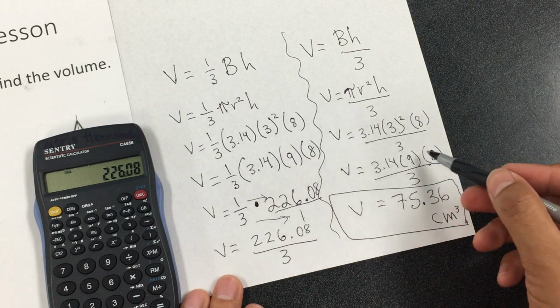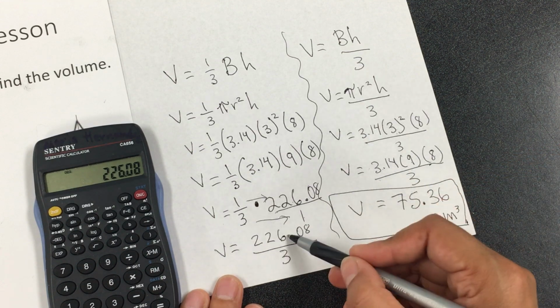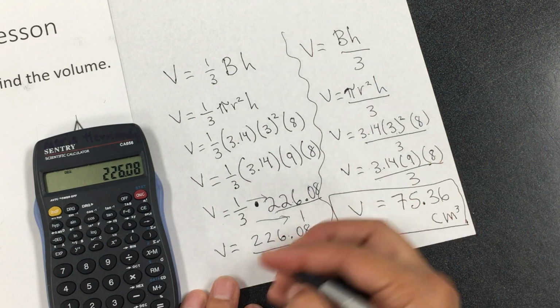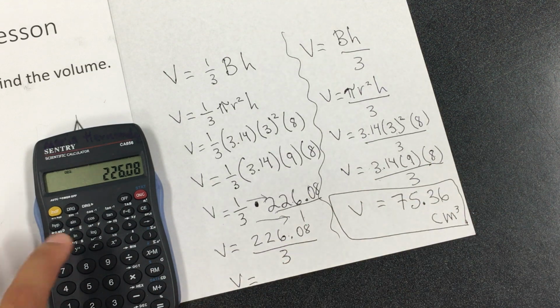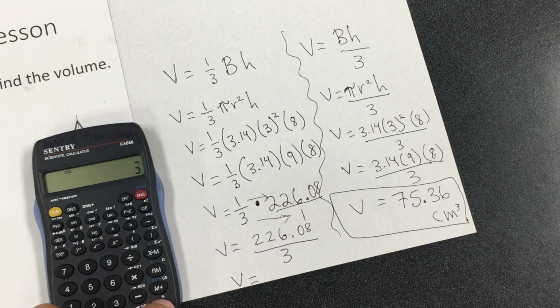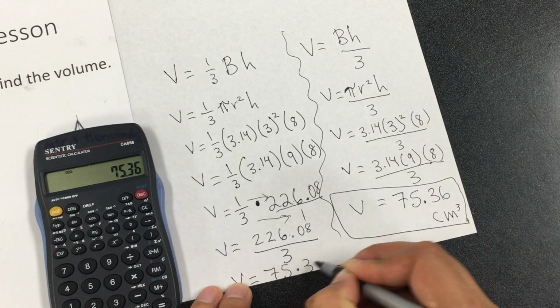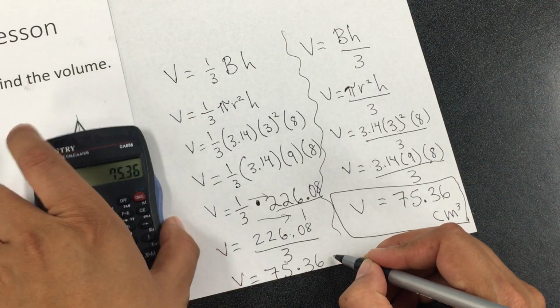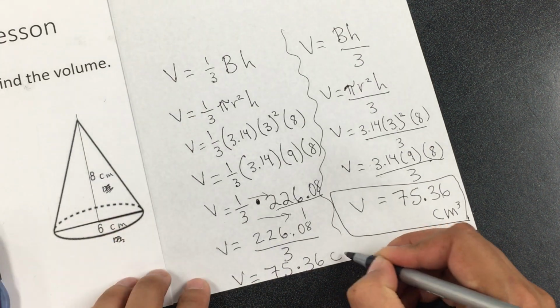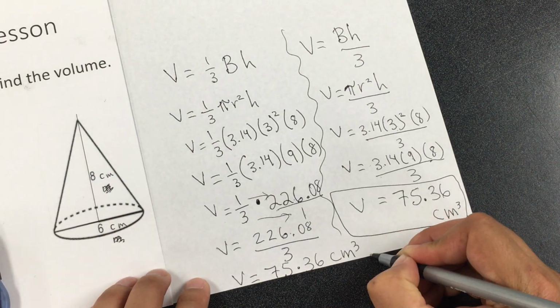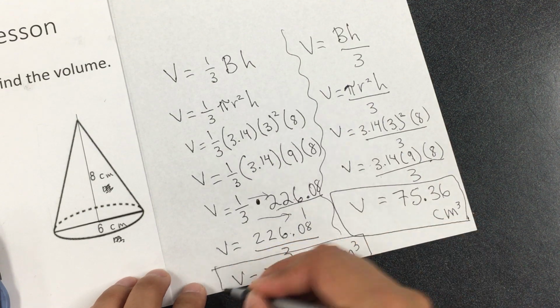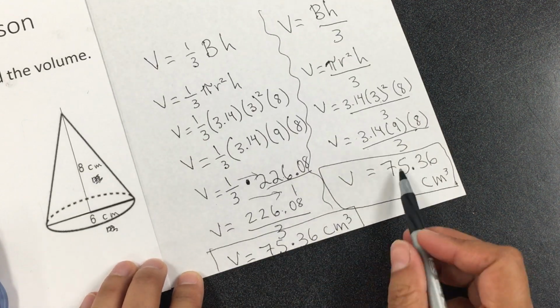Notice how when we multiply this, that was the answer, and you're dividing by 3. So that's where we divide by 3. That's where we get the 75.36. Again, the unit of measurement is cubic, so cubic centimeters. Okay? So this is the answer either way.